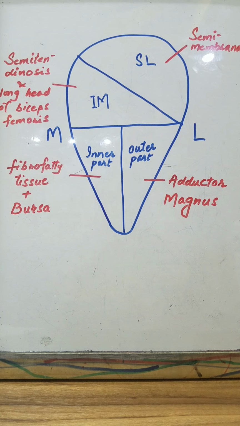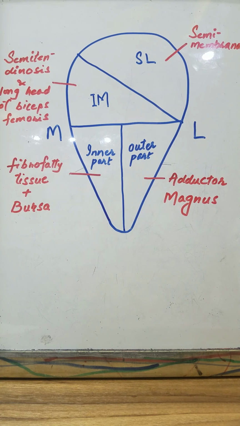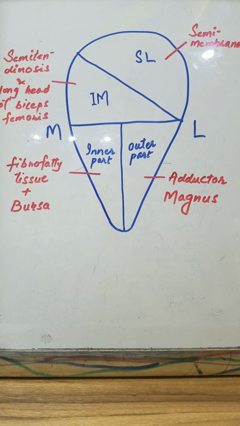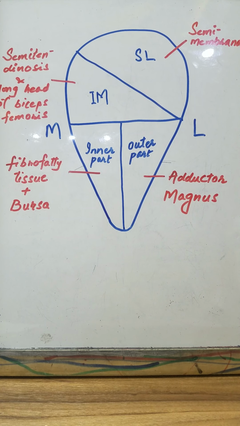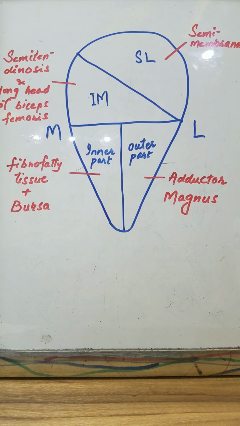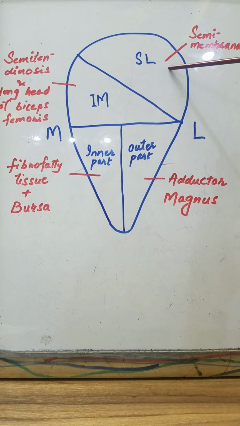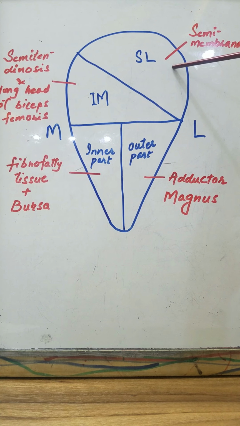Now the semimembranosus muscle forms a part of a group of muscles known as the hamstrings. The hamstrings is a group of muscles in the posterior compartment of the thigh, and these muscles are responsible for bringing about extension at the hip joint and flexion at the knee joint, right? So this here is the semimembranosus, which is a hamstring muscle.